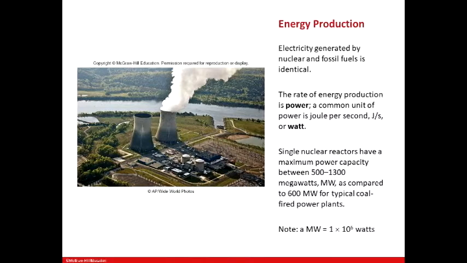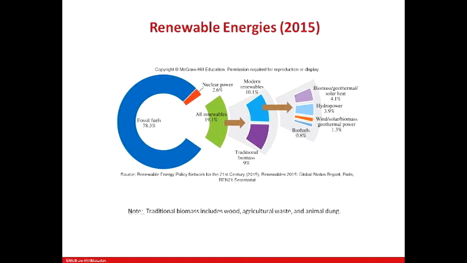So let's talk about that energy production. Electricity generated by nuclear and fossil fuels is identical. We said that already. And you already know from chapter 5 that there isn't a lot of energy produced from nuclear power plants. You know that already, right? We had that.